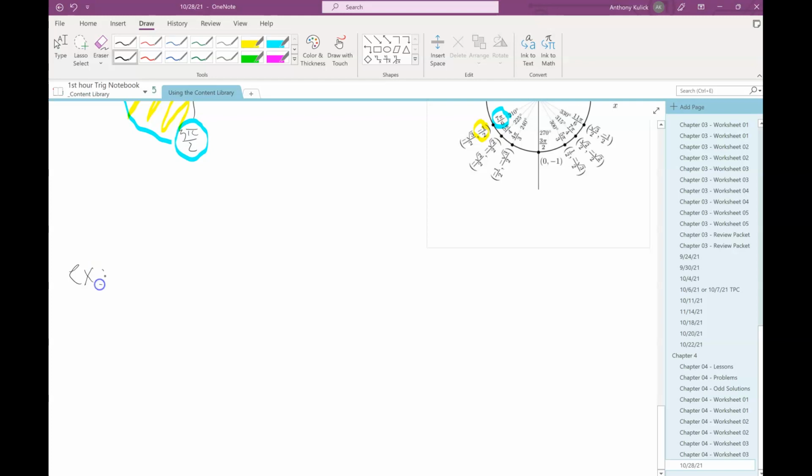What if we don't want an exact value at all? Let's say I want to solve for theta, where sine theta is 0.55, and theta has to be between 5 pi over 2 and 7 pi over 2.